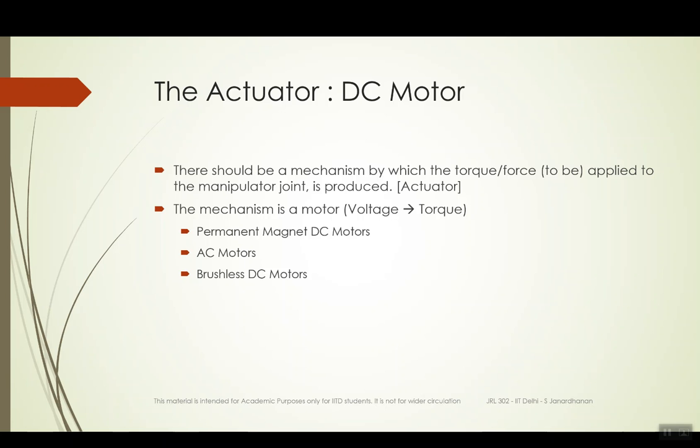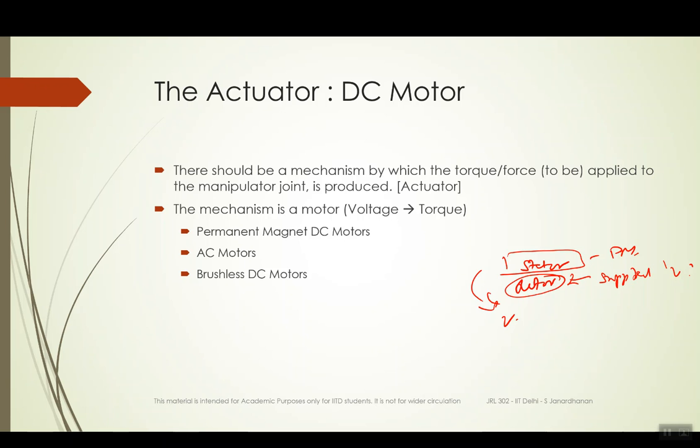Basically a motor will have a stator and a rotor. You can have a motor in which, let us say, the stator is a permanent magnet and the rotor is supplied by some voltage V. Or you can have both the stator and the rotor being supplied by some voltage. So you can have separately excited or serially excited DC motors.